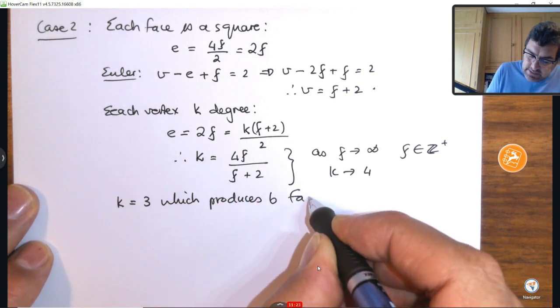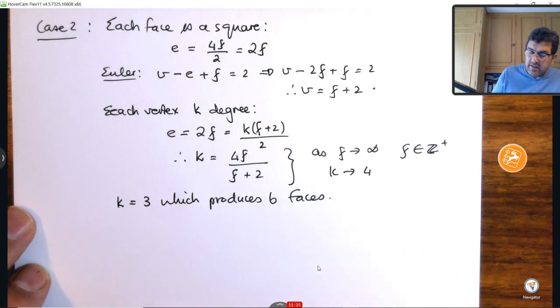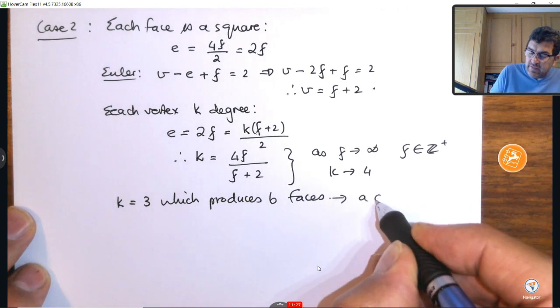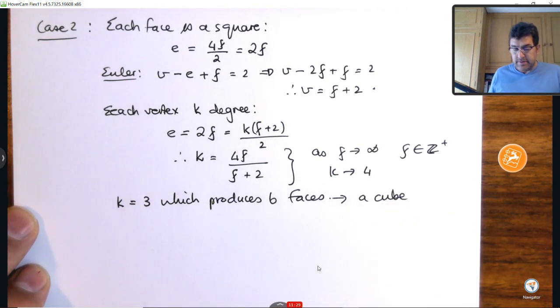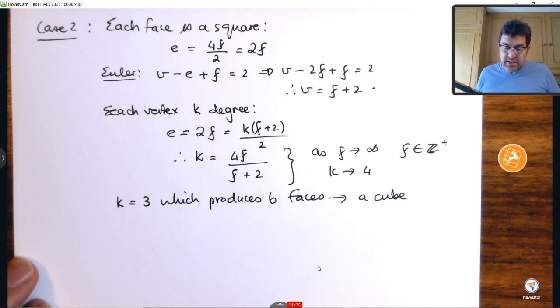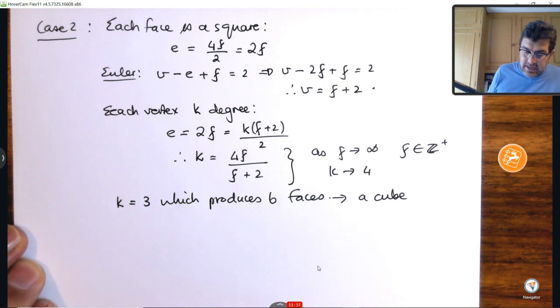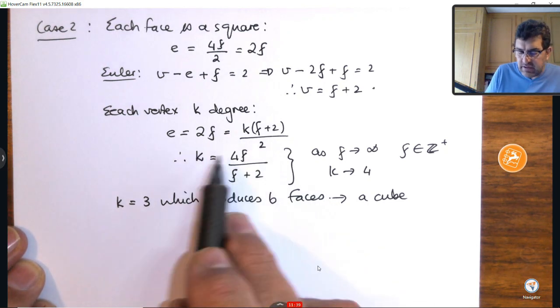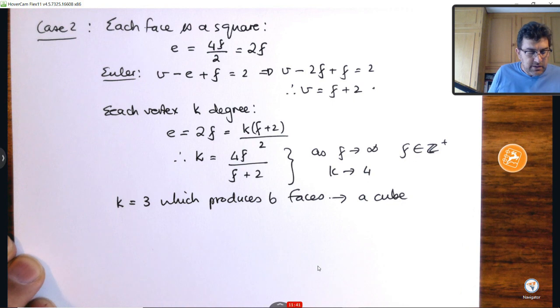6 faces. Okay, and for that we have a cube. Okay, if k is 3, we have f being 6. Okay, so let's see, you can make k 3 and calculate it over there. So we have a cube.